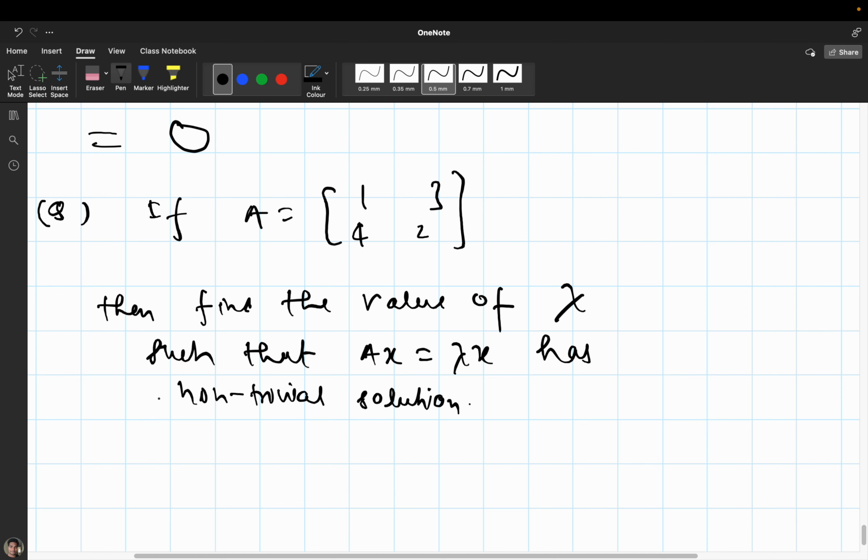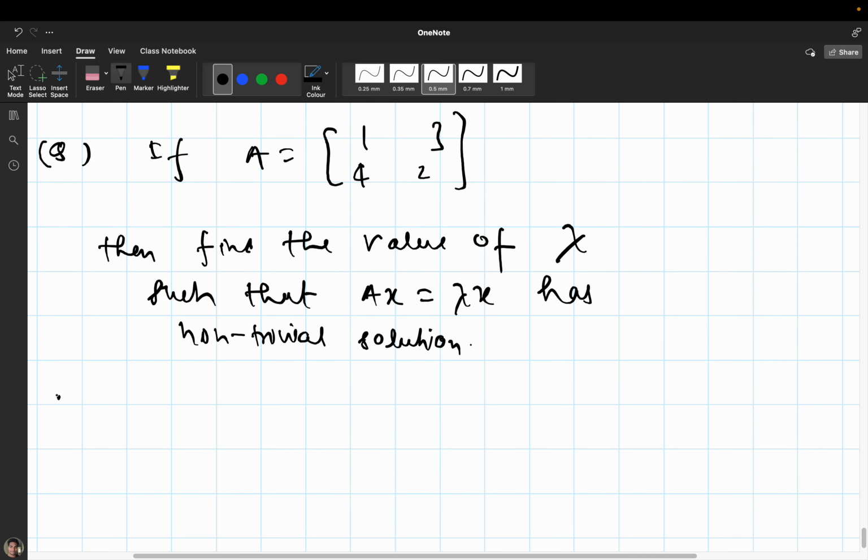What is the answer? A minus lambda I into x is equal to 0.